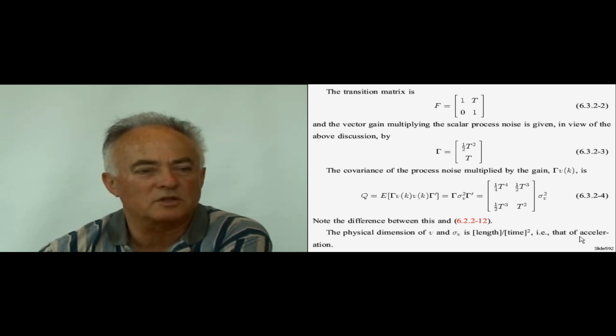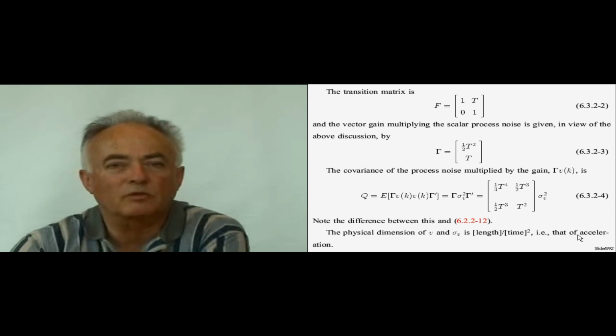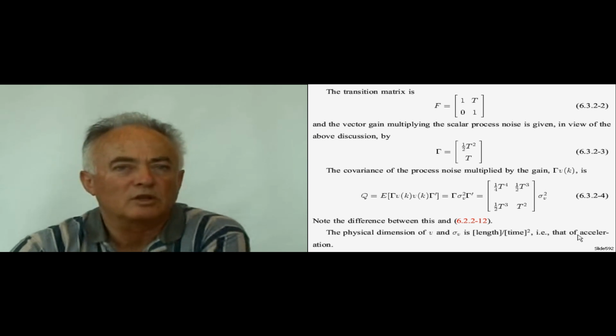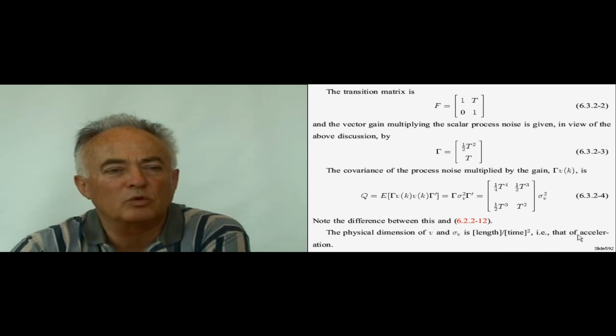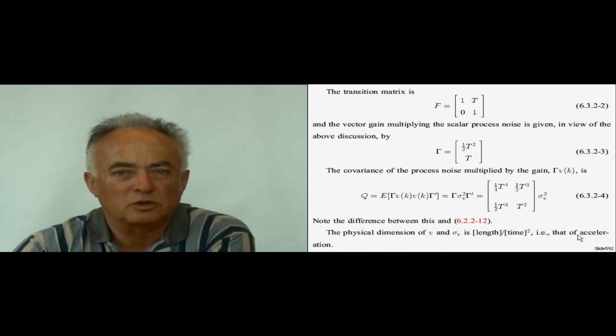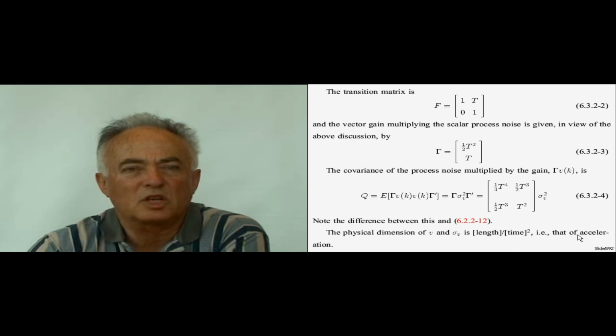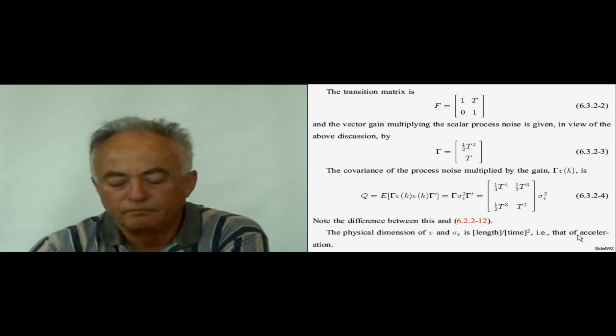So clearly this is acceleration. This is one of the advantages of this model, that you get a little bit better physical intuition about it. When you choose an acceleration, the process noise standard deviation clearly will be of the same dimension, so you can talk about physical properties of the object motion.